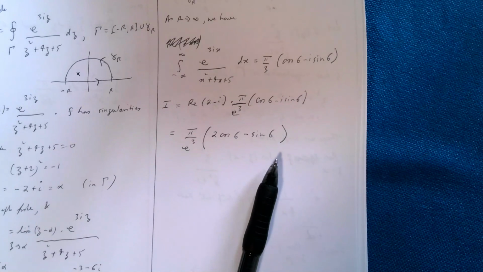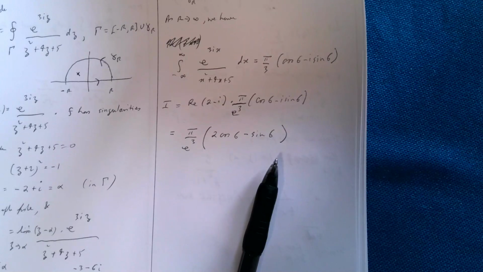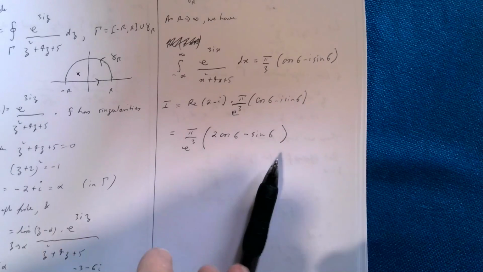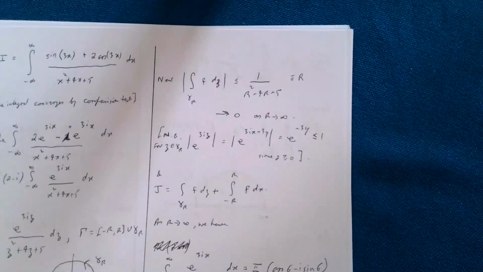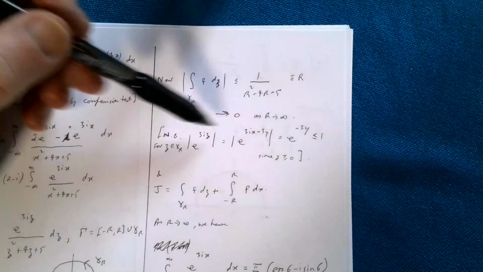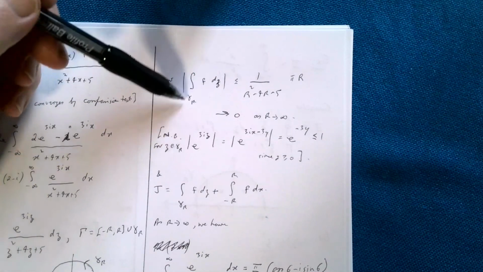And as we see, that's a problem which I'm not sure one could do easily, if at all, by using elementary methods. Now, what made all this work, of course, was this bounding argument that we did here, that the contribution of Gamma R went to 0.